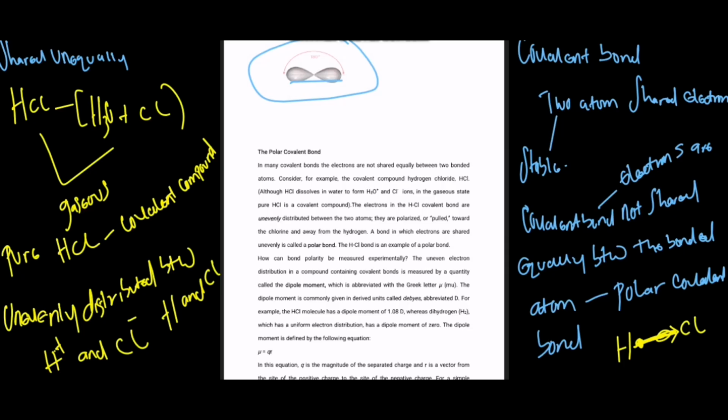Therefore, since in hydrogen chloride the electrons are shared unequally, because the bond moves towards the chlorine side and away from the hydrogen side, hydrogen chloride is a polar covalent bond.